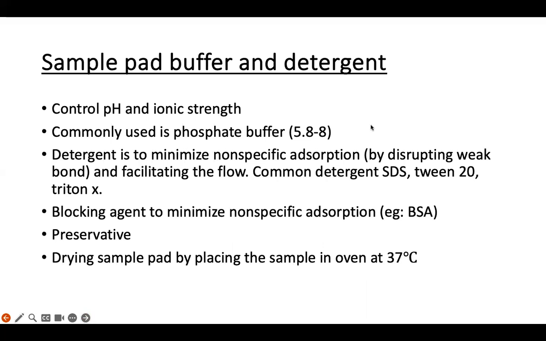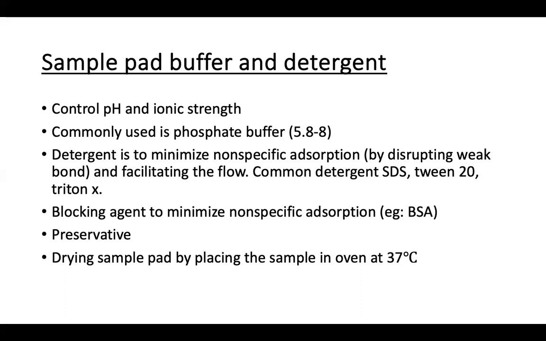Remember that when you put the samples there, the samples also contain other things, because it's a raw sample. If you put saliva or serum, they also contain other proteins that will probably interfere with your conjugated antibody.